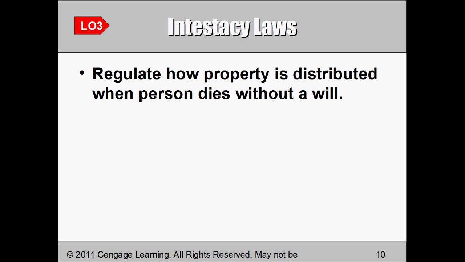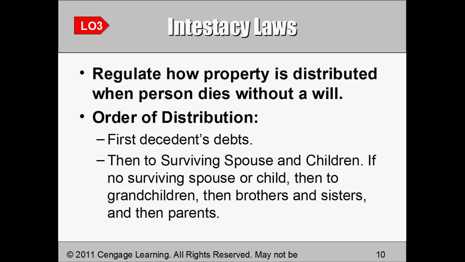But in the event they don't, then they leave the distribution of the property to the state. The state decides, according to the laws of intestate succession, how the property is going to be passed to the next of kin and so forth.